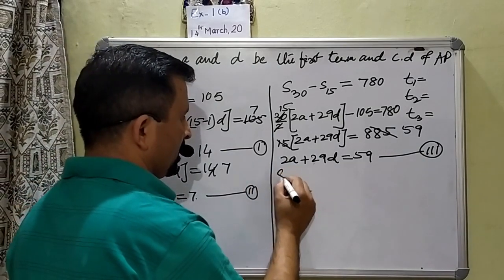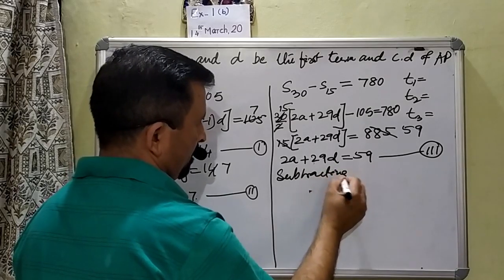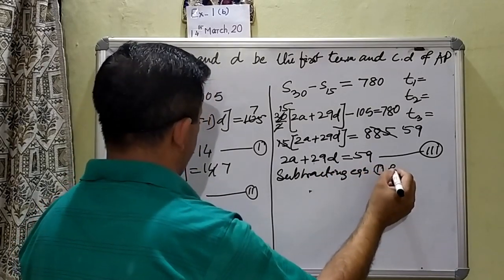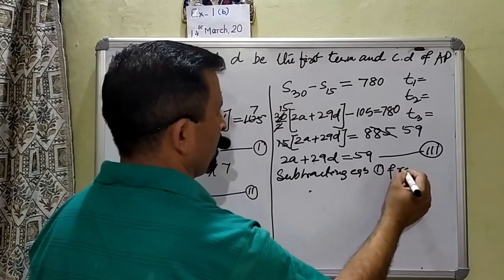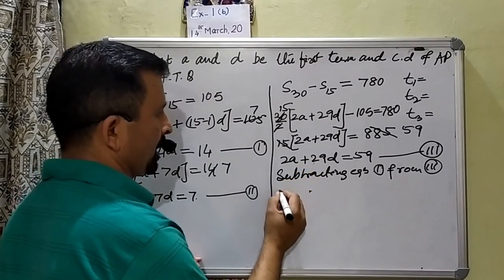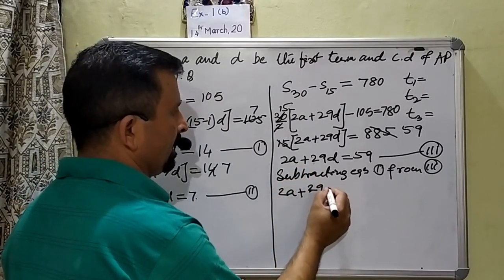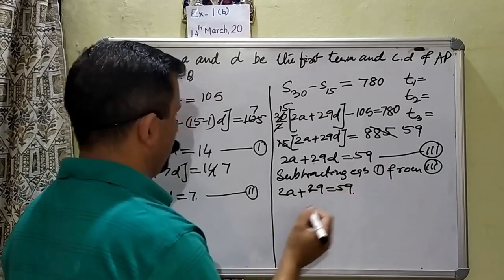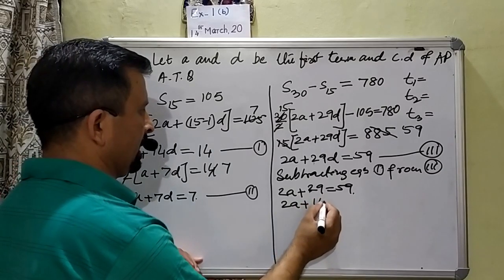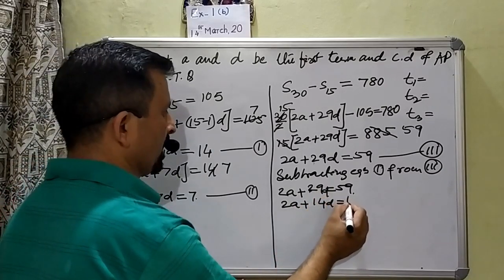Here, subtracting equation 1 from 3. What do we get? 2a plus 29d is equal to 59, and now we can write this as 2a plus 14d is equal to 14.